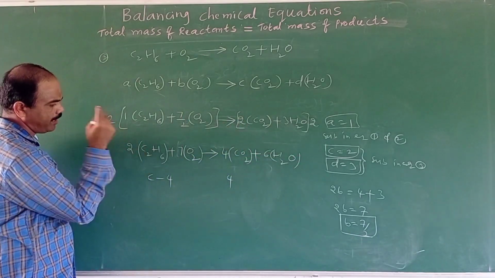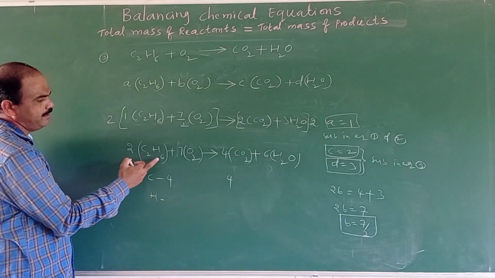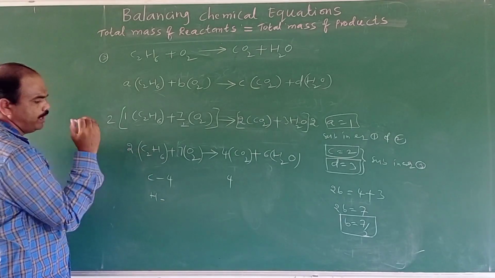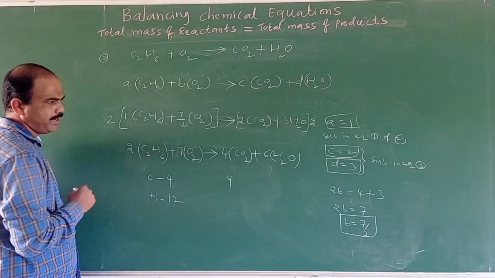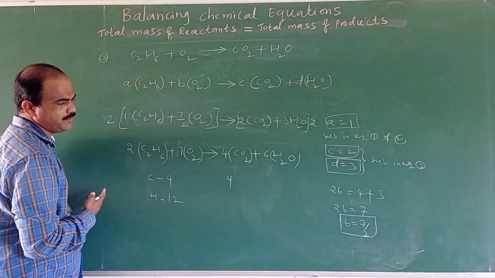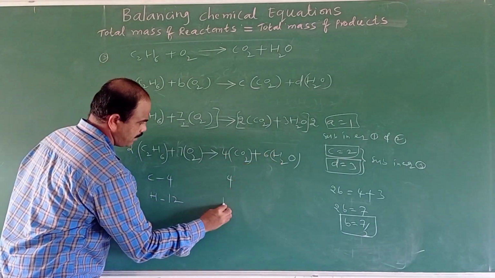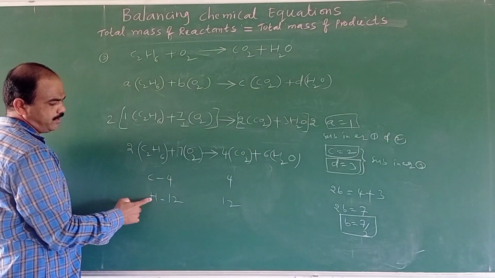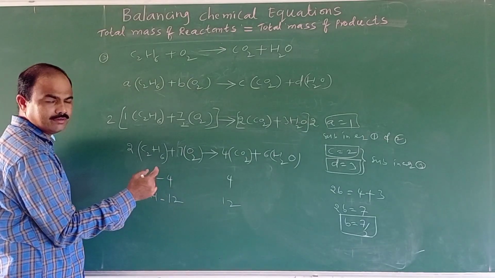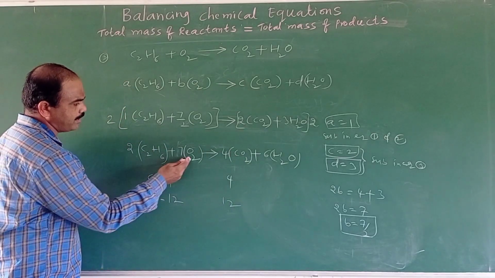Coming to hydrogen, how many hydrogen atoms are participated? 6 into 2 is 12, so 12 hydrogen atoms are participated. In the products, how many hydrogen atoms come out? 2 into 6 is 12 again, so it coincides: 12 hydrogen atoms are participated and 12 hydrogen atoms come out.